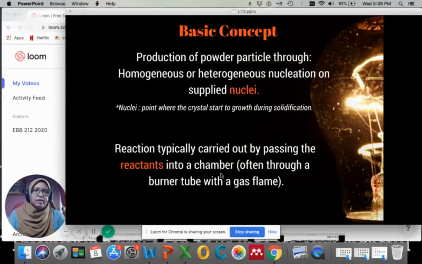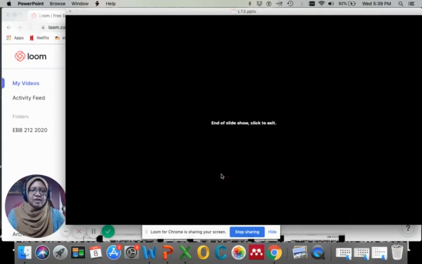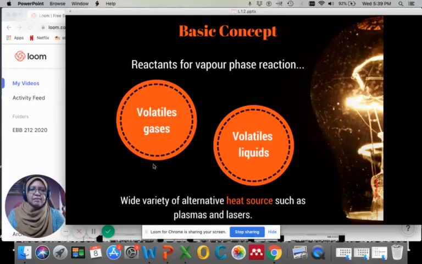This is to create the activated environment. Reactants for vapor phase reactions must be volatile gases or volatile liquids. Okay, they must be in a volatile state. A wide variety of alternative heat sources such as plasma and laser have been used to create the activated environment. Okay, so that's all on the concept of CVD.